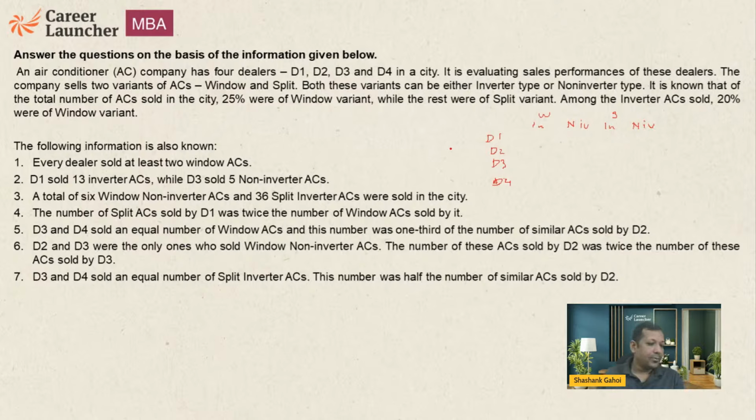And after that, a lot of numbers and a lot of information is given to us. So before we start, what is the first thing that we should do? Before we start making a table and putting numbers in the table, what is the first thing we should do? Can someone tell me?